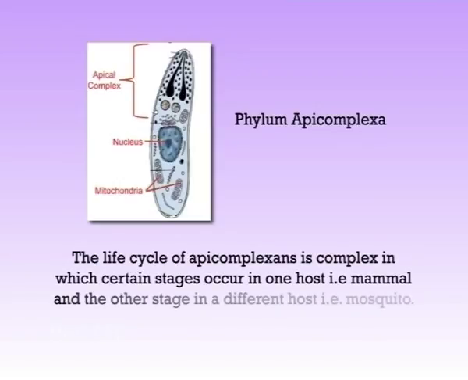The life cycle of apicomplexans is complex, in which certain stages occur in one host, that is mammal, and the other stage in a different host, that is mosquito.